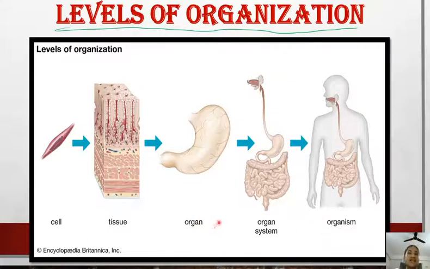Do you want me to explain it in detail? So this is one cell. Now many cells like this make up a tissue. In the same way, many tissues together make up an organ. Many organs make up an organ system, and many organ systems together make up an organism.